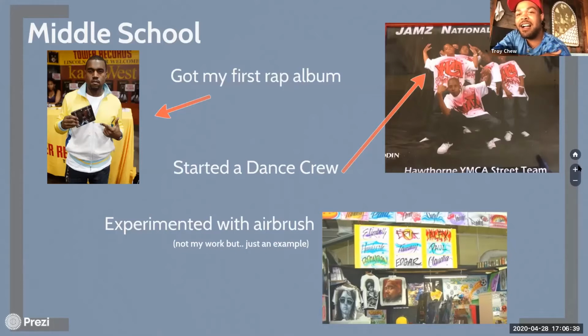For one Christmas, I believe my mom got me an airbrush machine, and I started making shirts. I was just trying to hustle at the time, but looking back, I was also doing art. Next slide, please.